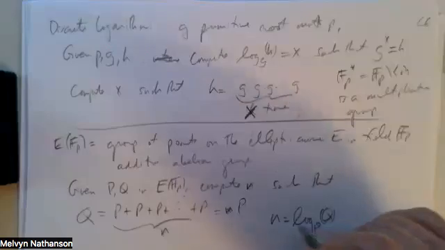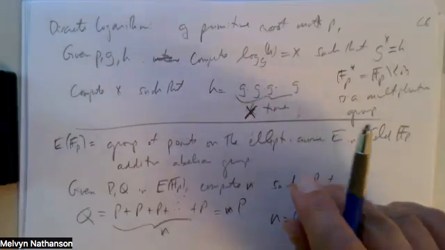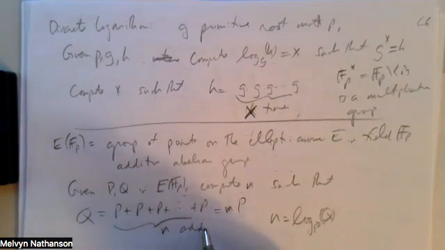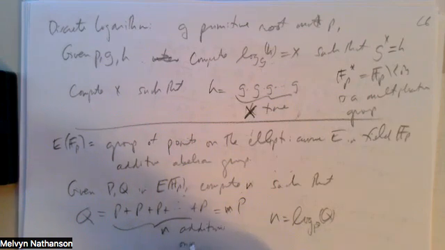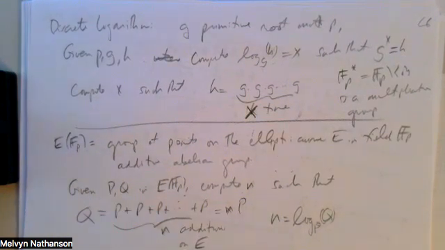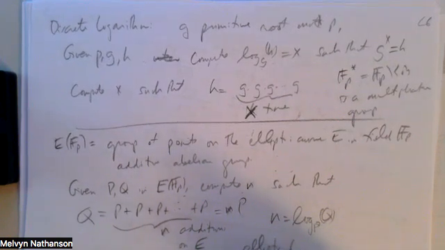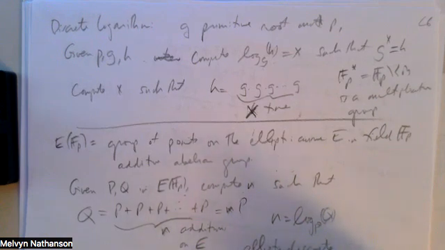And this is the number N of times you add P to itself to get Q. And so this is N additions on the elliptic curve. So this is what is called the elliptic discrete logarithm.